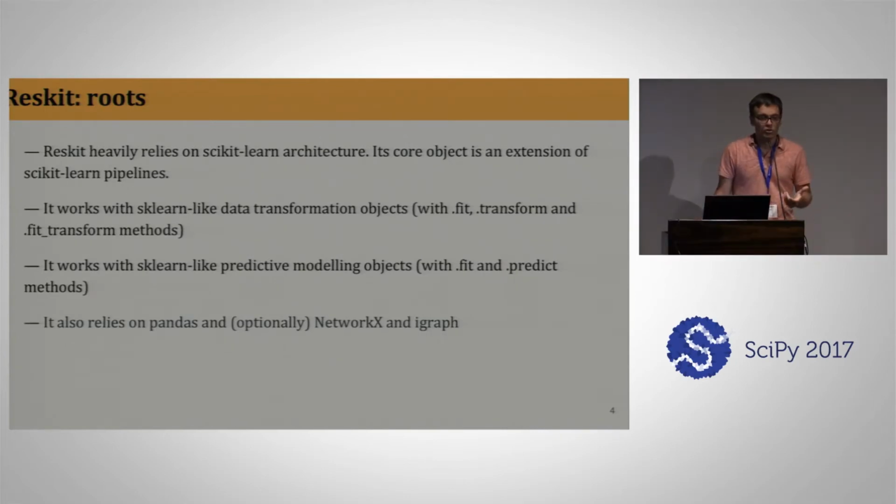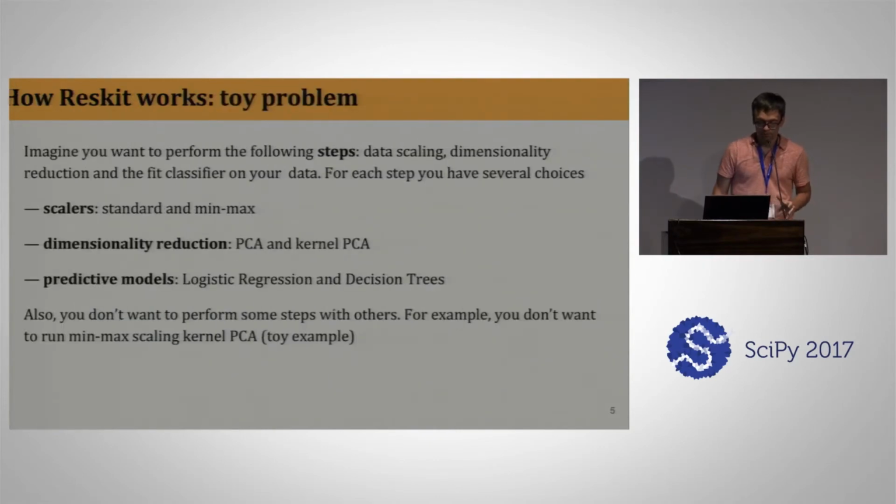It also relies on pandas because it represents the results in a pandas data frame. And optionally, it is very specific to what I do: I do neuroscience and study brain networks, so it also relies on the NetworkX and iGraph packages, specifically for machine learning on networks.